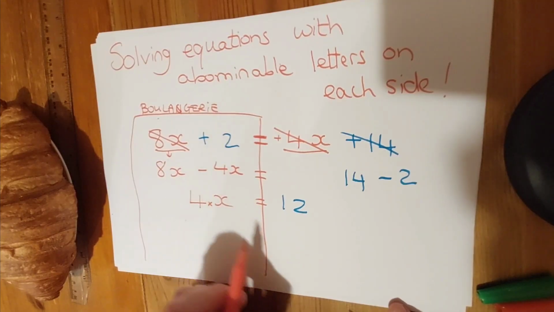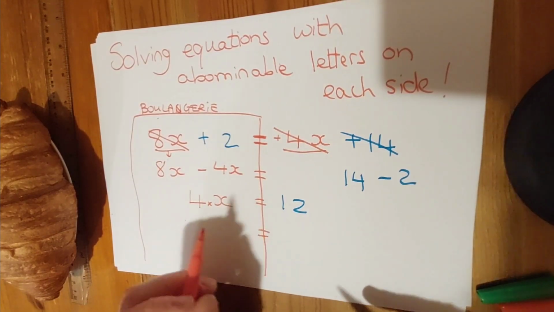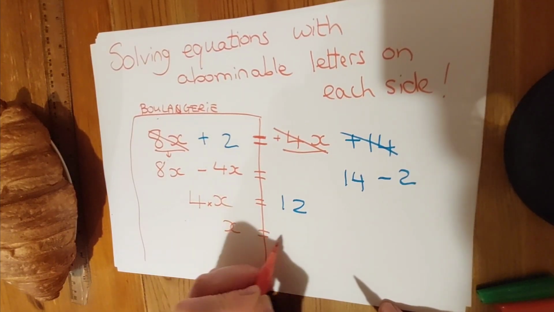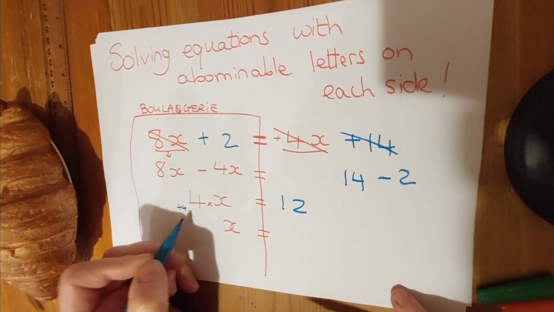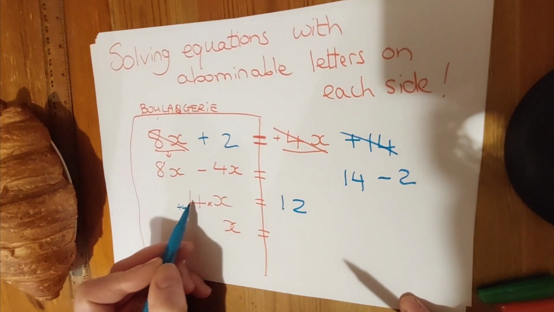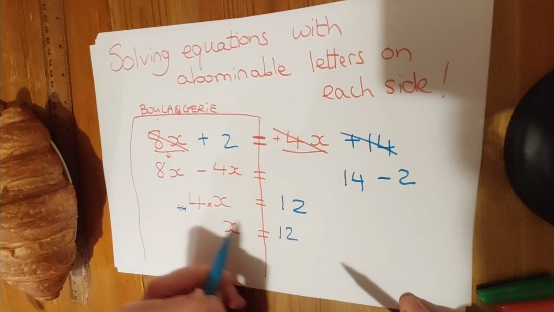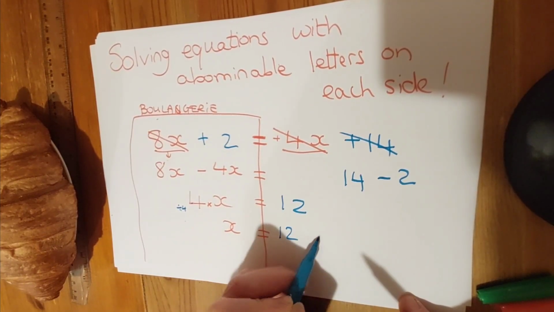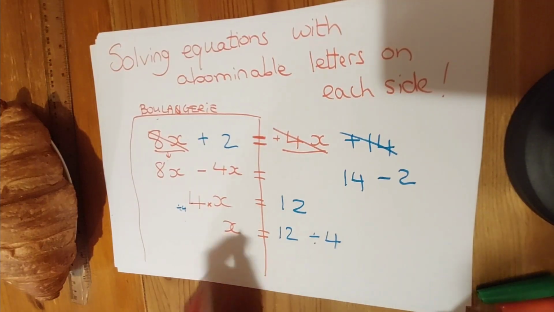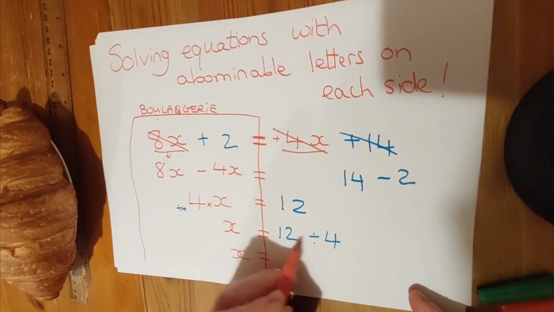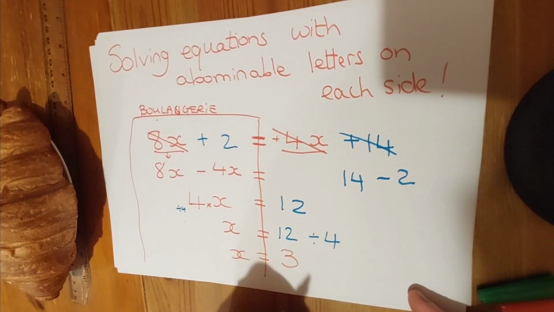Remember, if you don't see anything, it's a time, yeah? What's the opposite of time? Well, the opposite of time is division, okay? So we're going to divide 4 by 4. So we're going to still write the x and the 12, and we're going to divide by 4. 12 divided by 4 is 3.